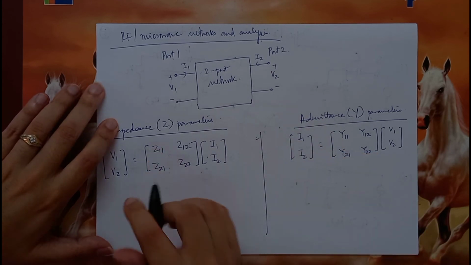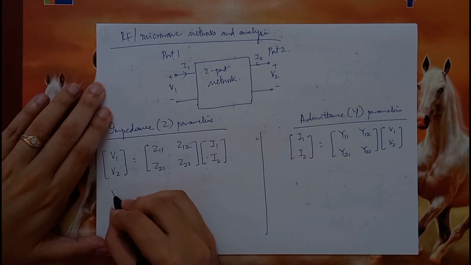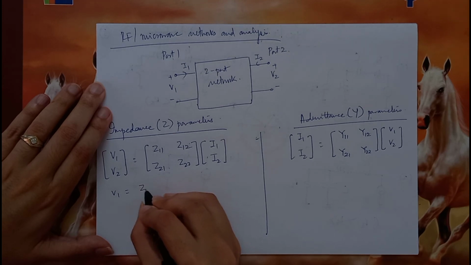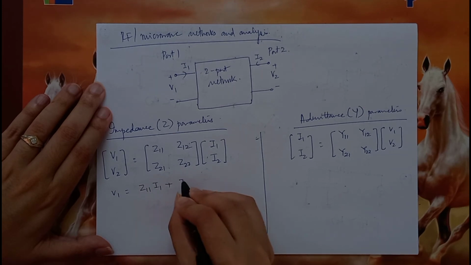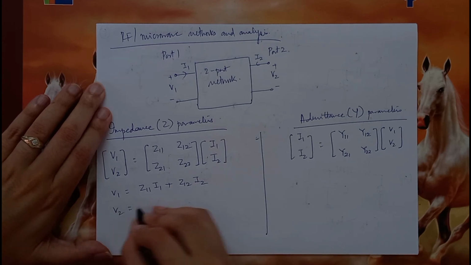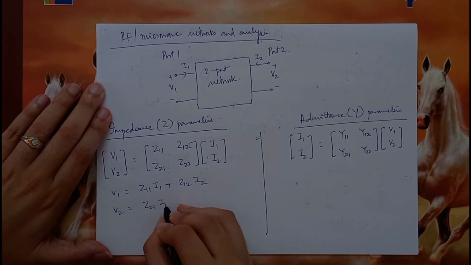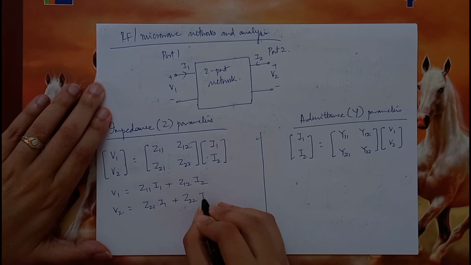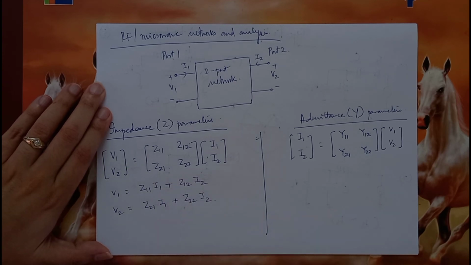So for example, over here we can write V1 is Z11 I1 plus Z12 I2, and V2 is equal to Z21 I1 plus Z22 I2. If I want to find out Z11, I need to make I2 as 0. So I can say Z11 is nothing but V1 by I1 given I2 is 0.